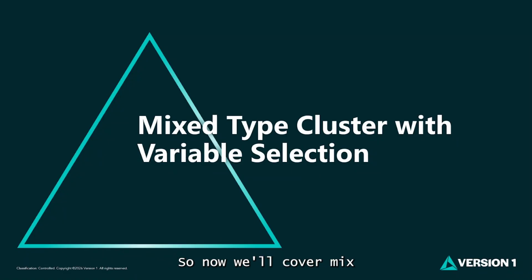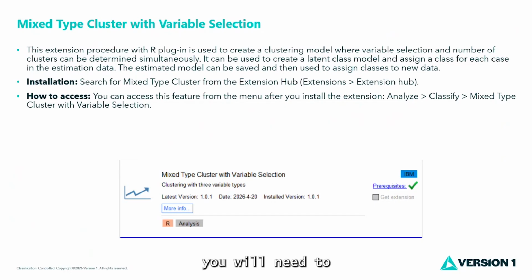So now we'll cover mixed type cluster with variable selection. Now, this extension you will need to get from the Extensions menu. So to install it, go to the Extensions menu and select Extension Hub. When you're in the Extension Hub, do a search for mixed type cluster with variable selection. You can tick Get Extension, and it will download and install the extension.